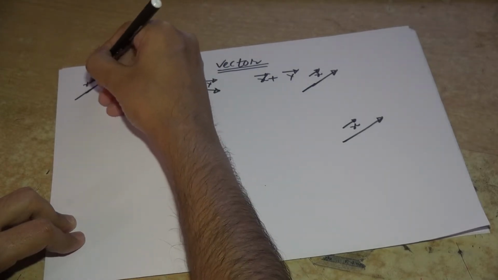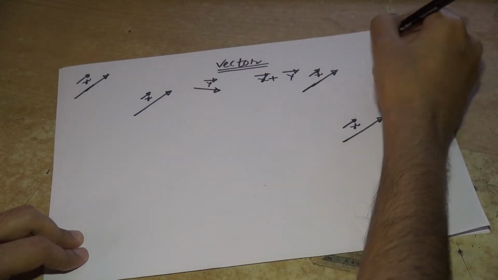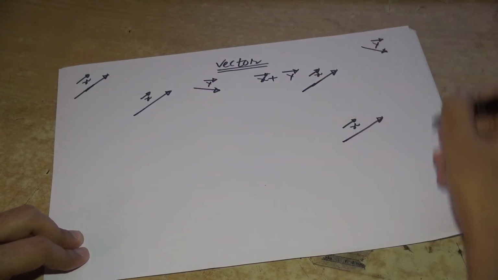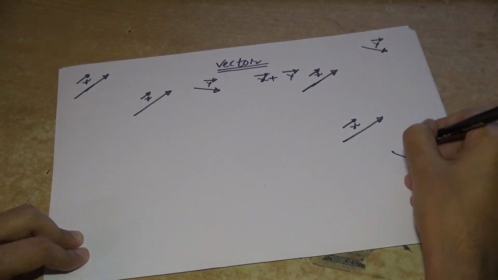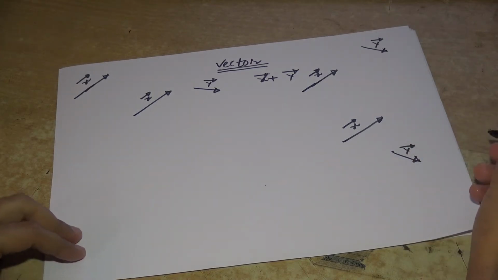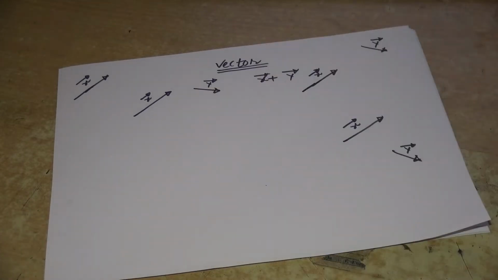In the same way, you can draw vector y anywhere, up here or here. As long as the magnitude and the direction of the vector are the same, you can move them around and draw them anywhere. This is very necessary to understand before performing addition.